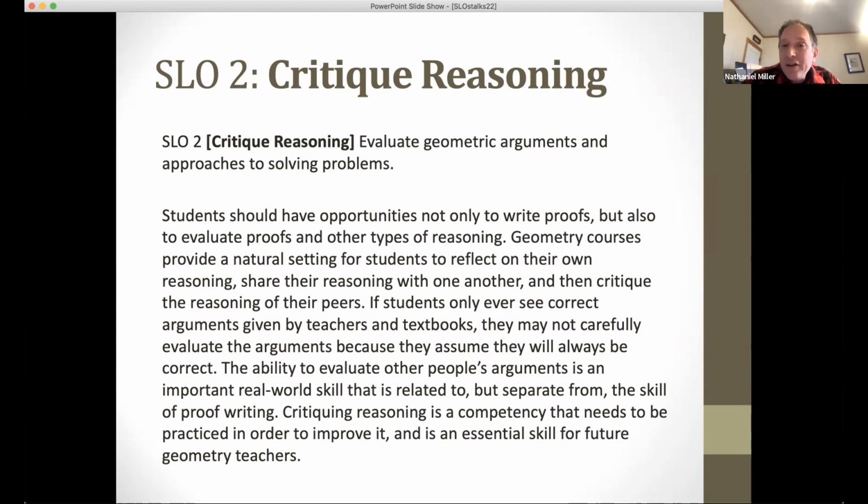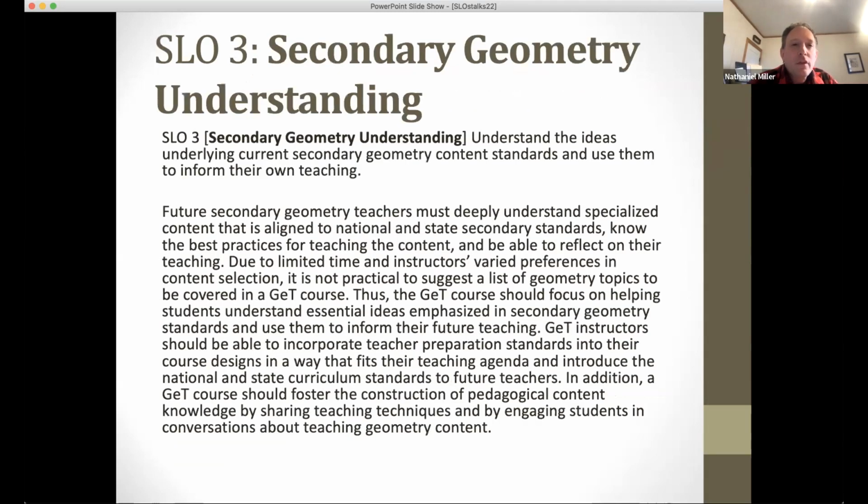It might be on a take-home final where maybe the teacher gives some kind of proof for students to evaluate in some way. So there are a lot of ways this could happen. But it's really an essential skill for our future teachers. So we want to really emphasize it in the courses, and in this course in particular.